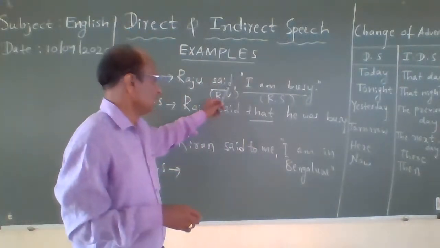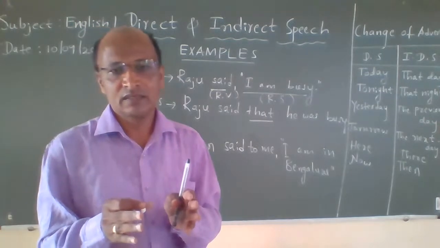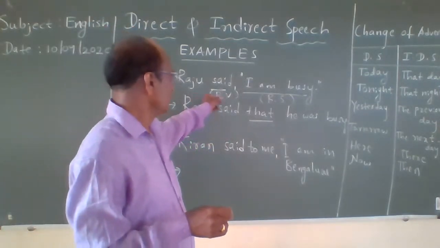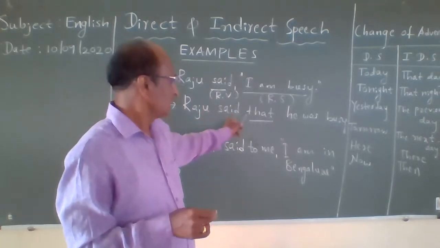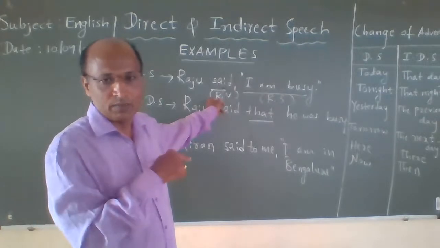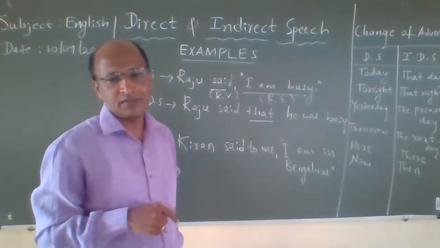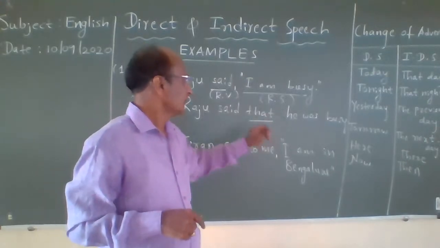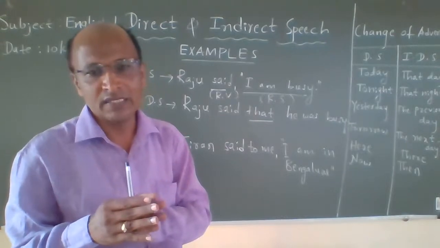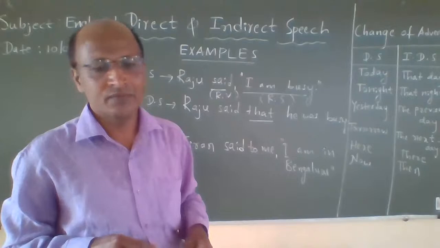Okay. See, how have we changed from direct speech to indirect speech? Raju said, then after said there is that. Raju said that, and we should not use the same sentence here. We should change it a little bit. How?